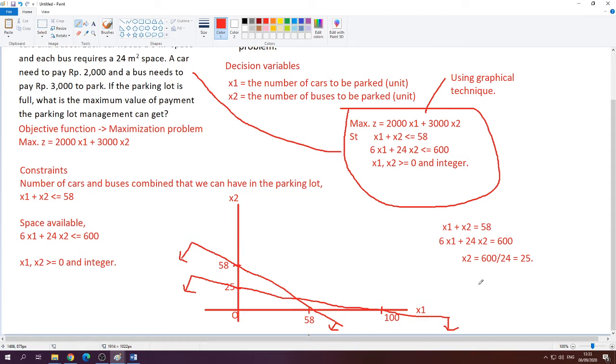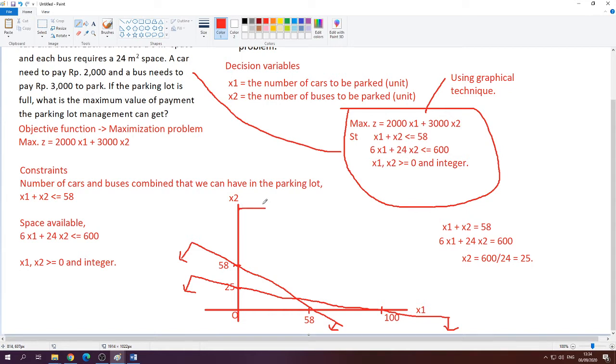Now the last thing that we need to plot is the area for x1 bigger than or equal to 0. So if you go to the right, that's the area of x1 bigger than or equal to 0.